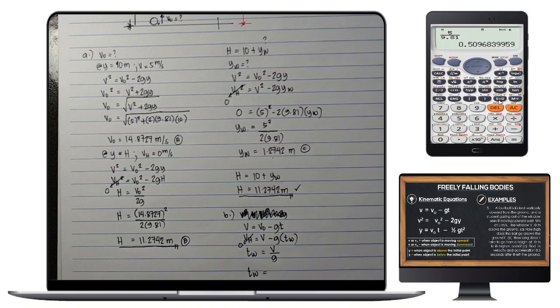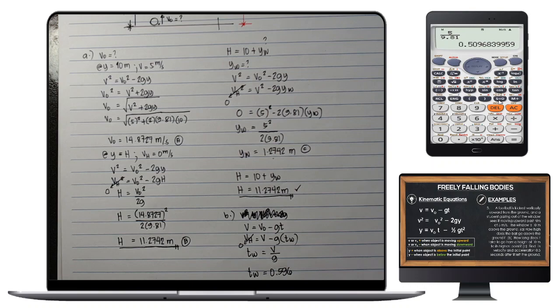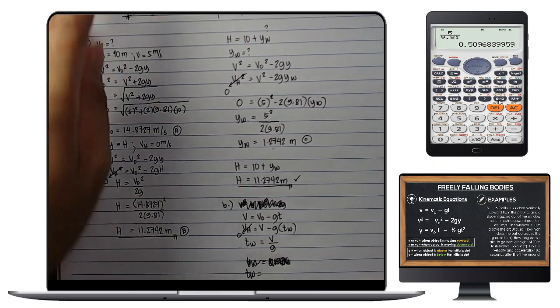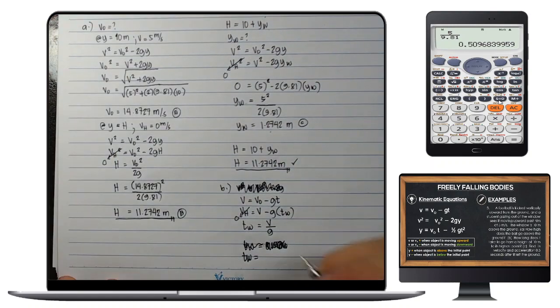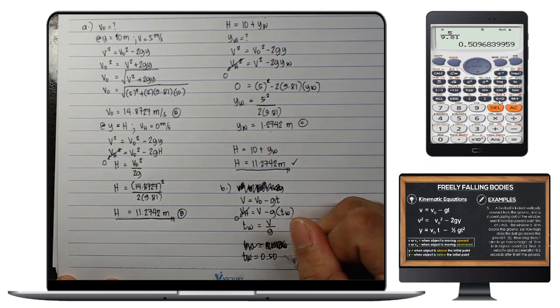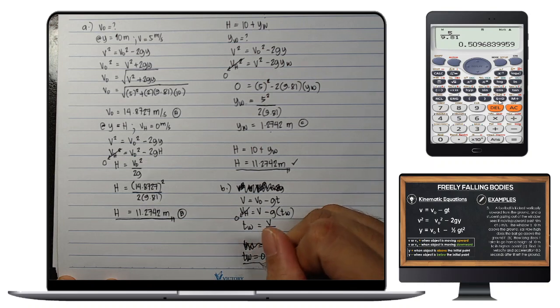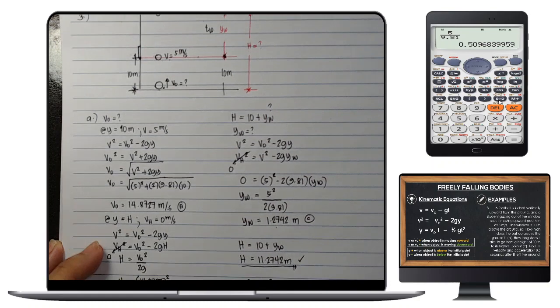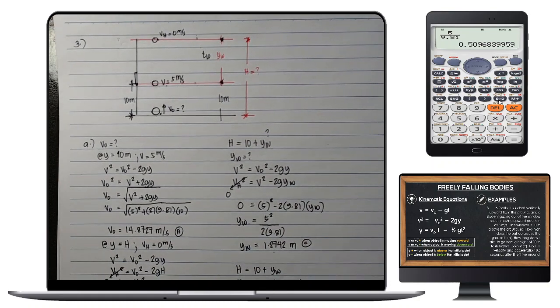So that is simply 0.50. So t sub w natin is 0.5096 seconds.